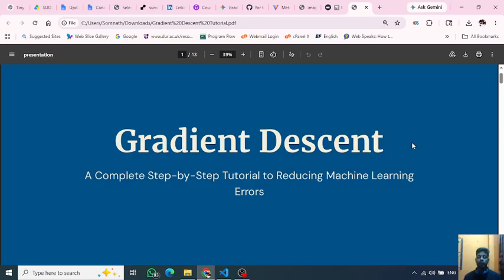It is a repetitive process until you reduce the error to a minimum level. Let's have a look.